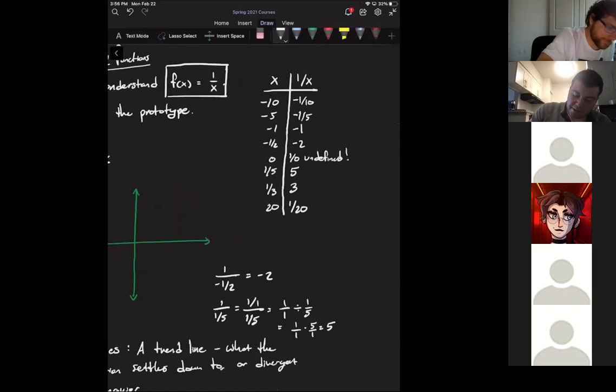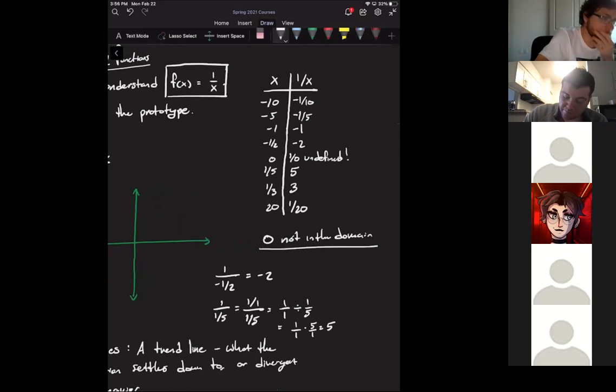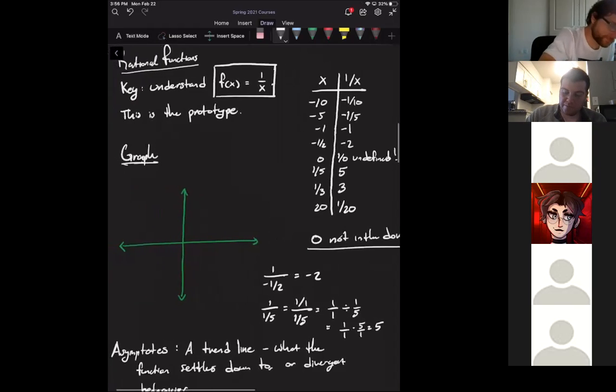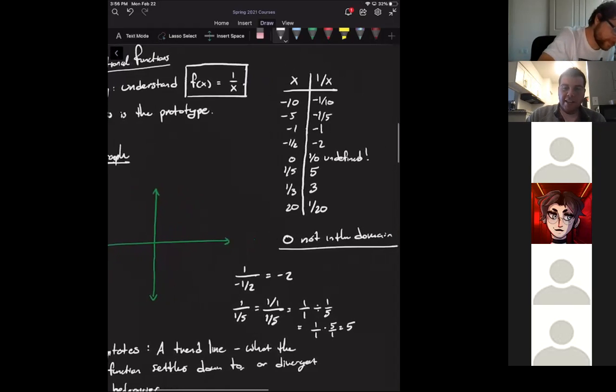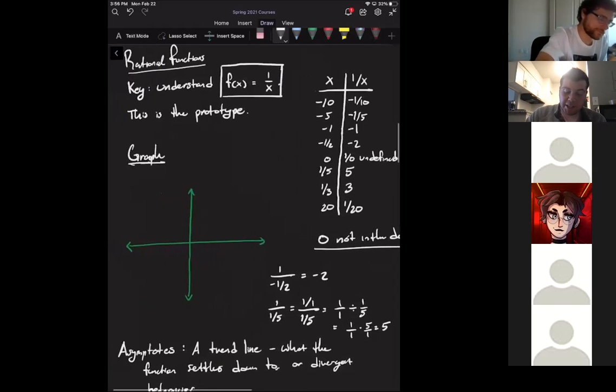Yeah, so 0 is not in the domain. We can't divide by 0. That's really important. We can't divide by 0, so 0 is not in the domain of this function.